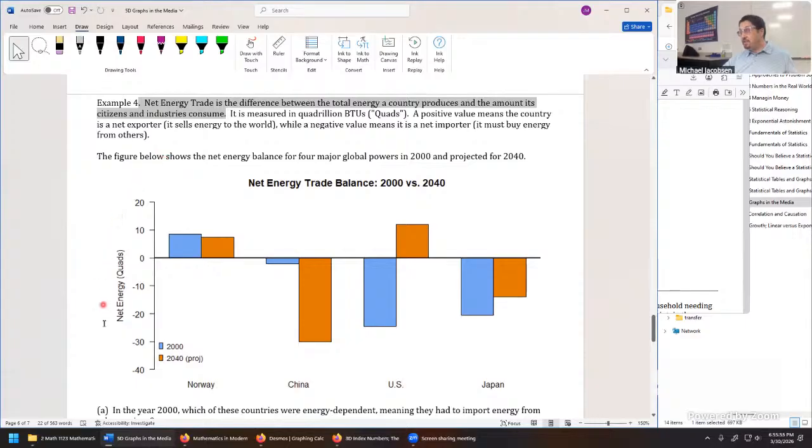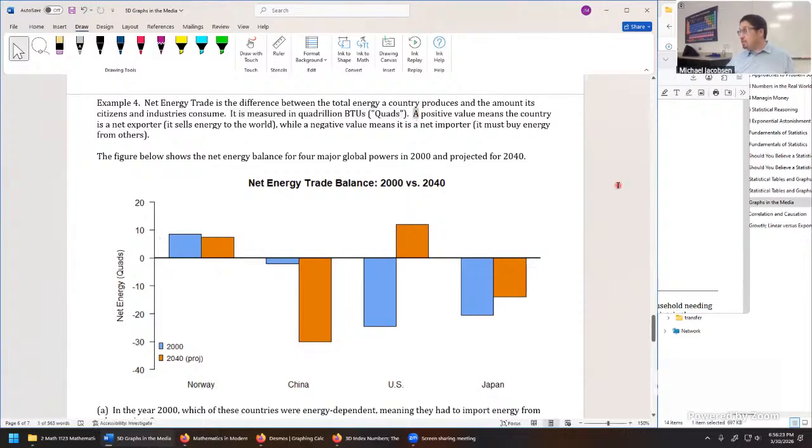So here's our net energy, and it's in an interesting unit called quads. Our net energy trade is measured in quadrillion BTUs, BTU being the unit of energy and quadrillion being quite a large number. We'll abbreviate that to quads when we think about energy on this global scale for different nations.